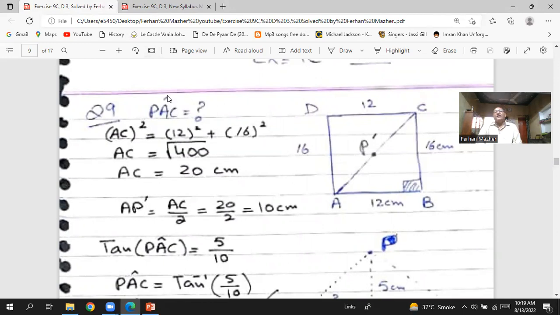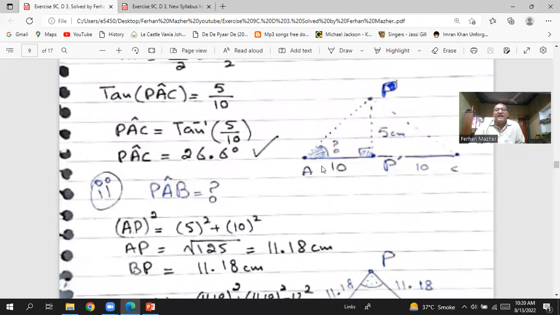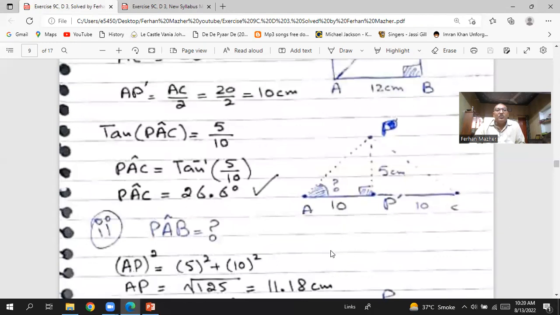And the AP prime will be half of the AC. So the AP prime will be AC divided by 2, and that will be 20 divided by 2, and that will be 10 centimeter. So then I will consider that triangle APC, and this APP prime is a right angle triangle. So this angle PAC, I want to find out this.